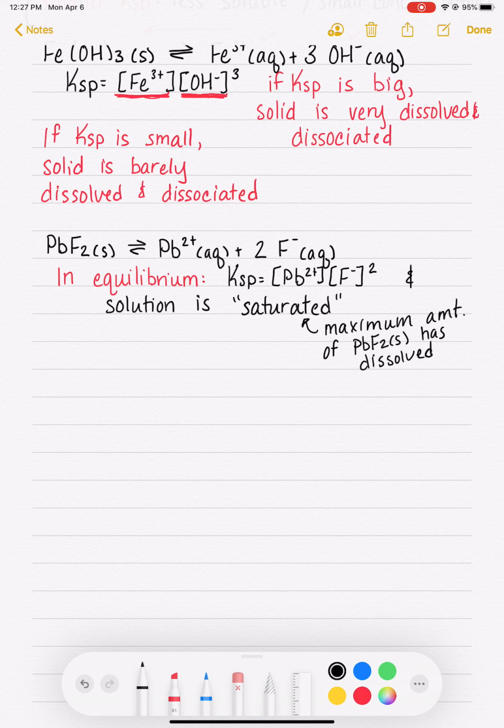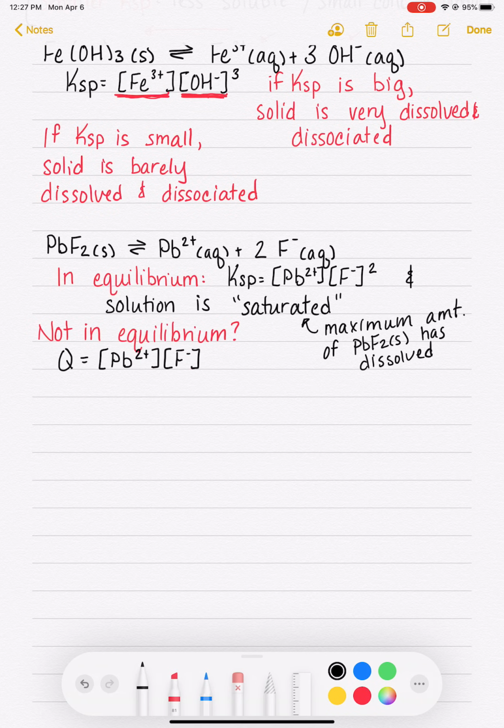If we're not in equilibrium, if you remember back to 162, that means that we can't say KSP anymore. We use the letter Q instead to indicate that we're not in equilibrium, or we're not sure if we're in equilibrium or not.